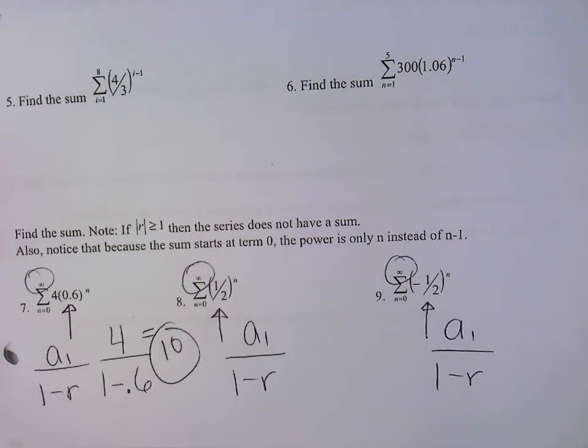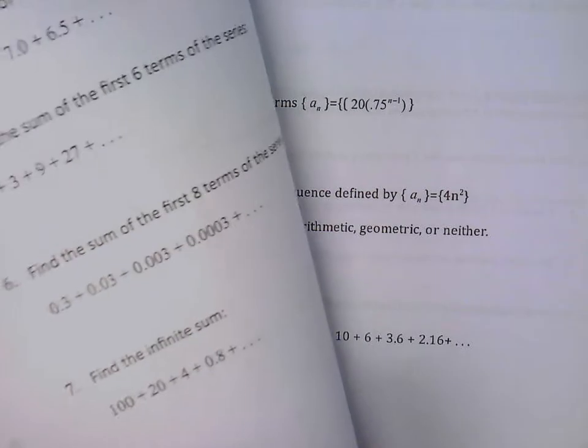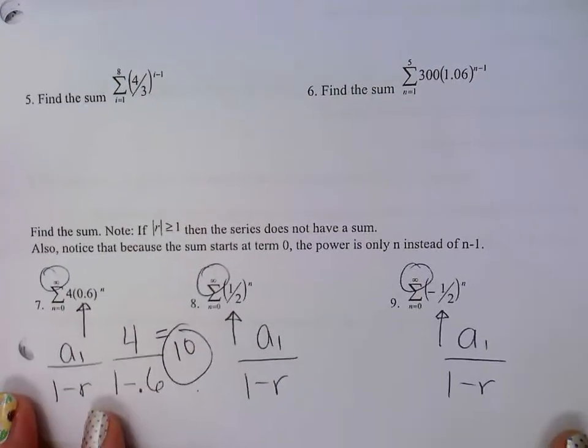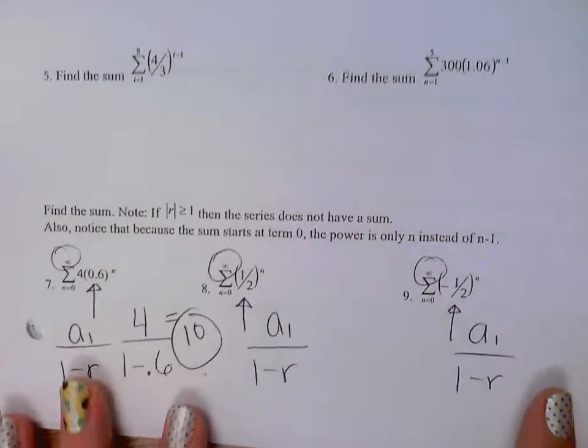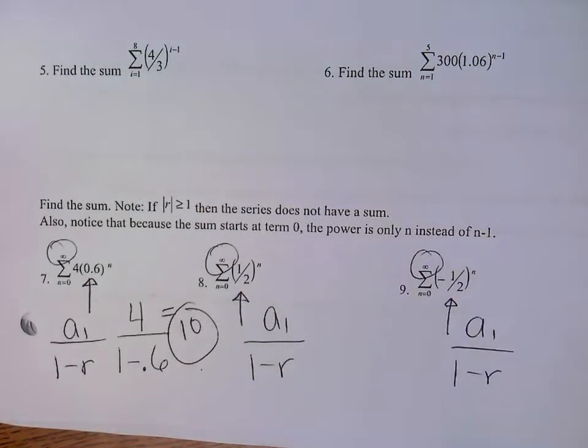So I'll give you just one more minute to try those two, and then I'm going to have you try kind of the top problems and the back page. Most of these aren't new. They're just using summation on your calculator. That's why I did the couple new ones with you, the infinite ones.